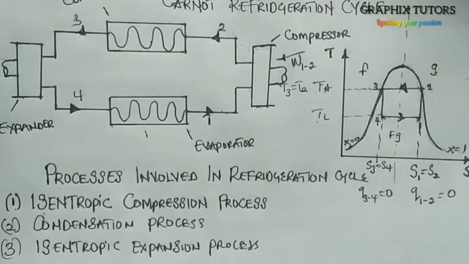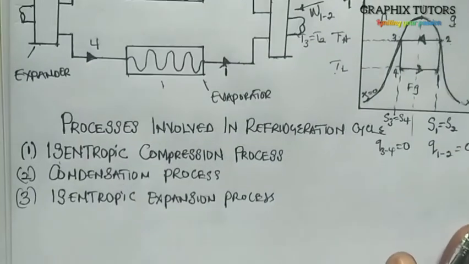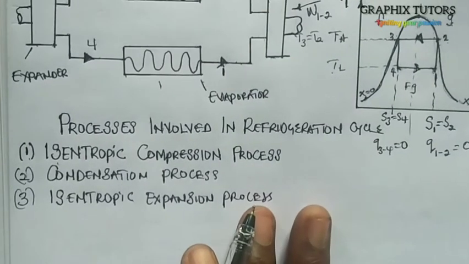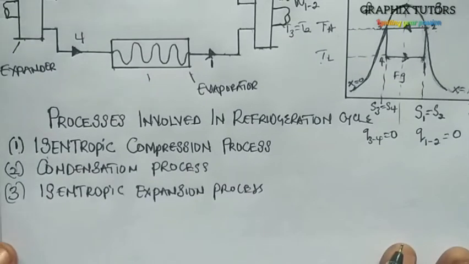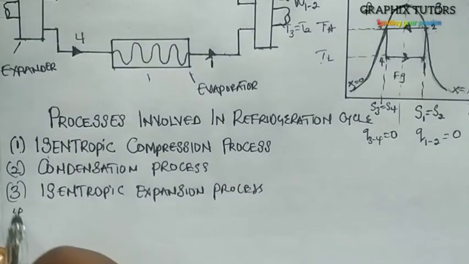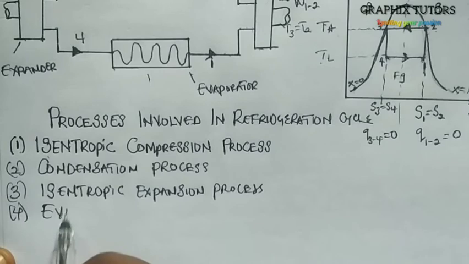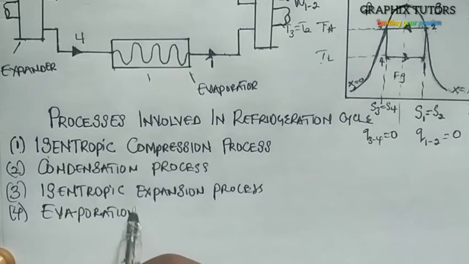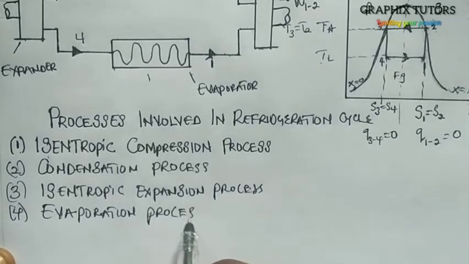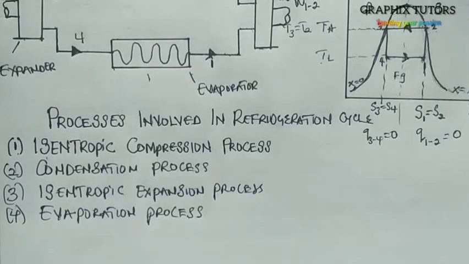So the last one here that we have is called the evaporation process, state 4. So we know the work of an evaporator is to evaporate, right?